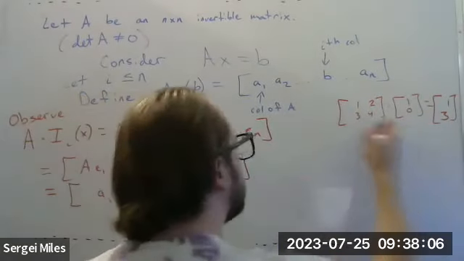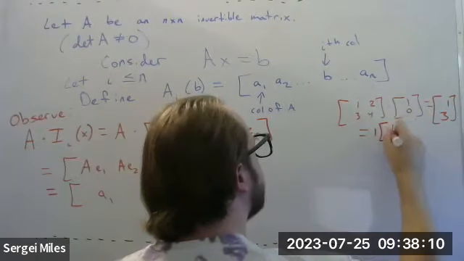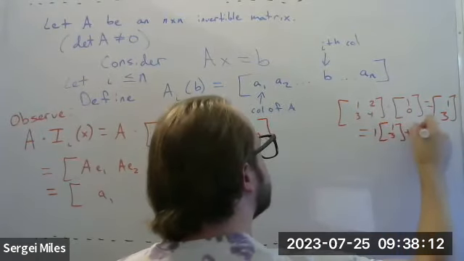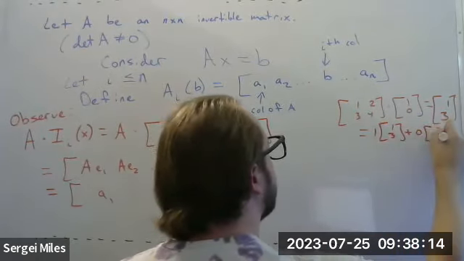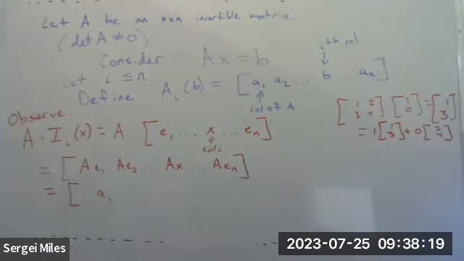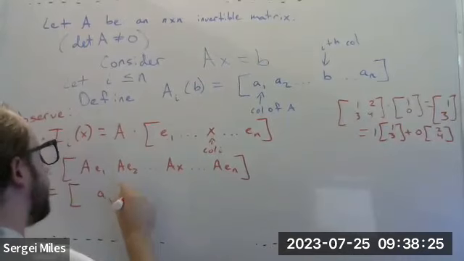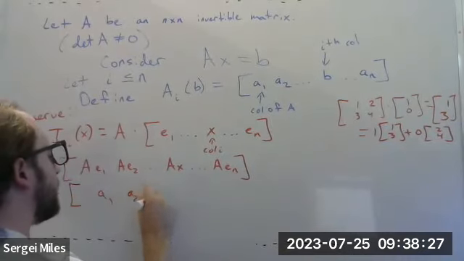In fact, you can also see this as a linear combination, 1 times the first column plus 0 times the second column. So when you multiply by one of the identity columns, it's going to result in the column of the original matrix. So AE2, that's A2, dot, dot, dot.